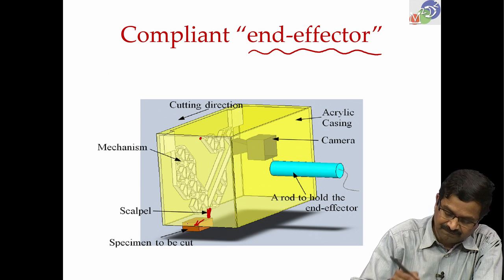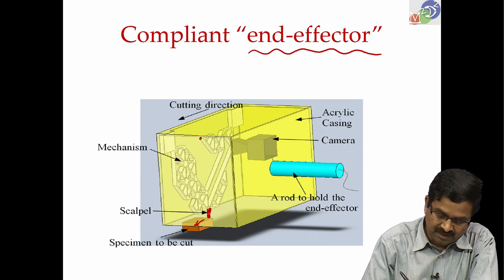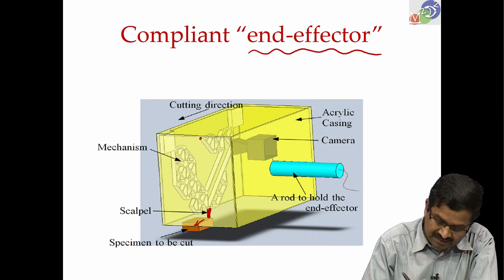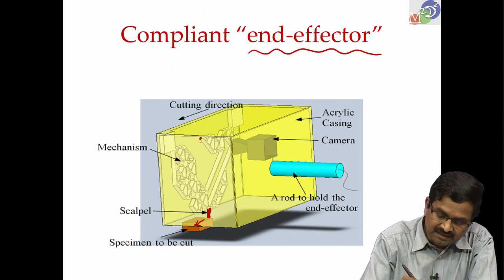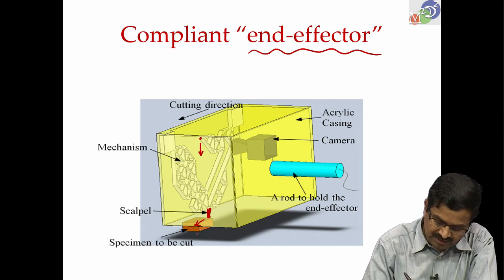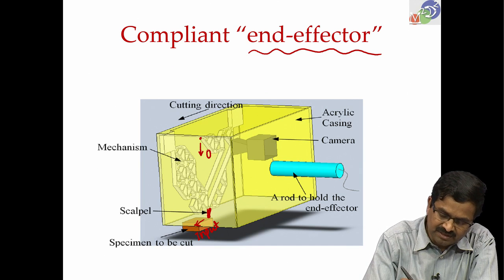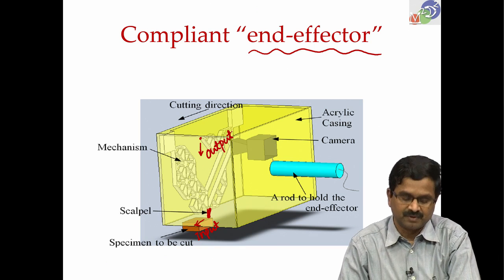When you are cutting, there will be some force, because of the force applied here or felt over here, this point will move. So, this will be the input here and this will be the output. Okay.